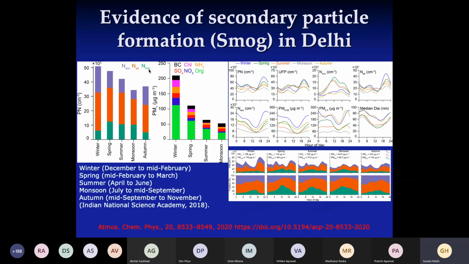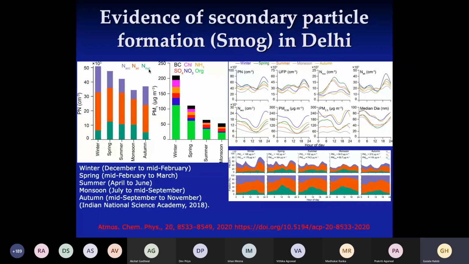So in winter, though the temperature is low, and the humidity is sometimes high, the temperature is not as high as in monsoon. Therefore, you can see more secondary formation of particles in monsoon compared to winter.